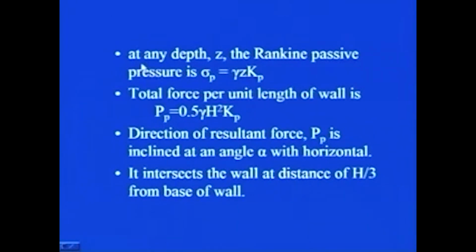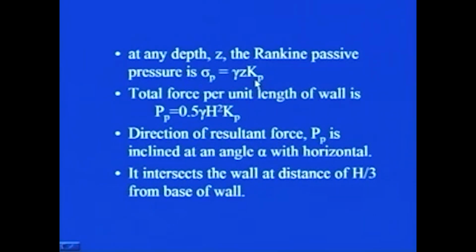So, at any depth z, the Rankine passive pressure will simply be sigma v into Kp, and at any depth z sigma v will be gamma into z. So, subsequently sigma p will become gamma z into Kp.